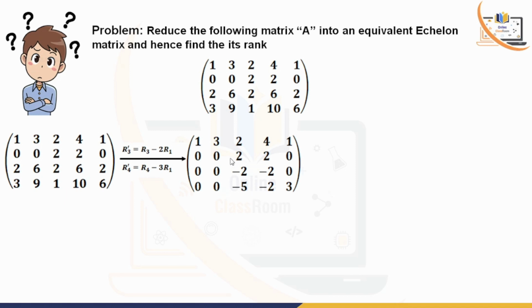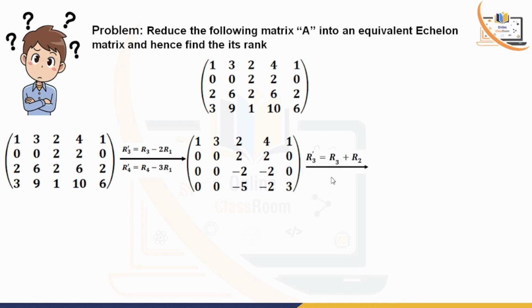So obviously our target is to create 0 in this position and in this position using this particular element 2. That means if we add these two rows, it will create 0. And if we multiply this particular row by 5 by 2 and add it with this particular row, it will create 0 in this position.